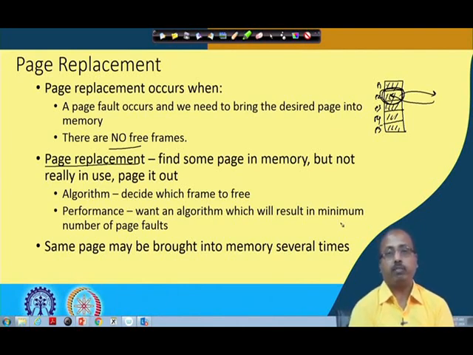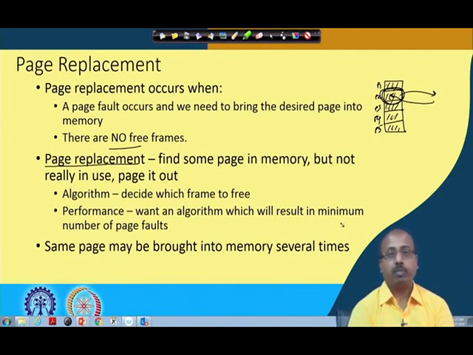Again another frame has to be determined whose page can be written back into swap space, and there we can load page 2. This way the same page which had gone out of memory may be coming back to memory after some time. This may go on several times; the same page may be swapped out and swapped in several times.